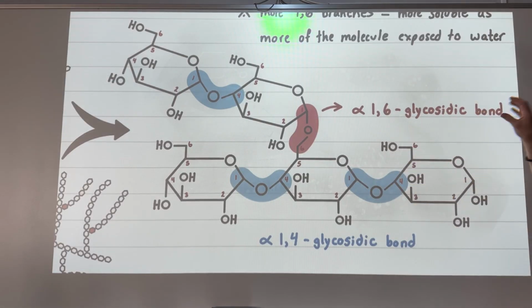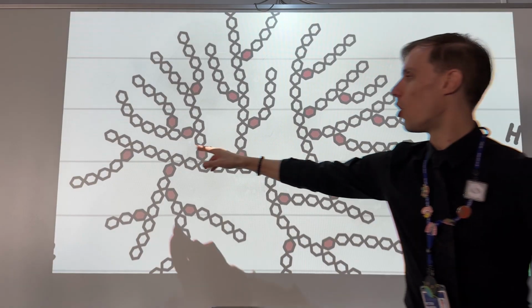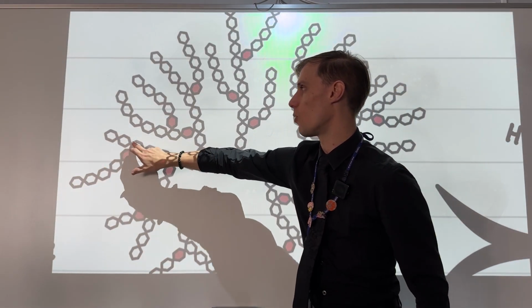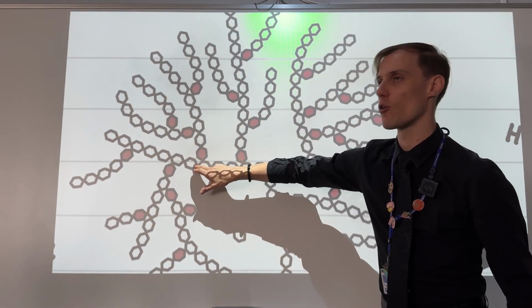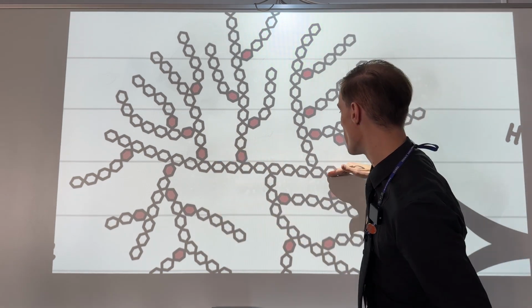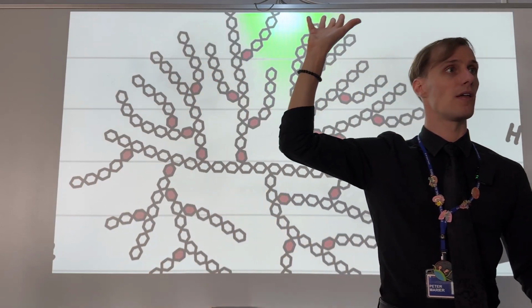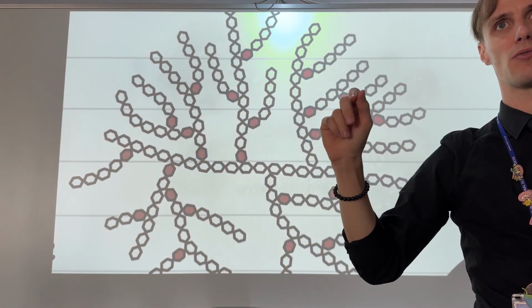And you get that over and over and over again. So if you look at this structure right here, all of these would be 1,4, 1,4, 1,4, etc., right? But notice that off of this chain, there's a bunch of other chains coming off of it. That's where the term branched comes from.